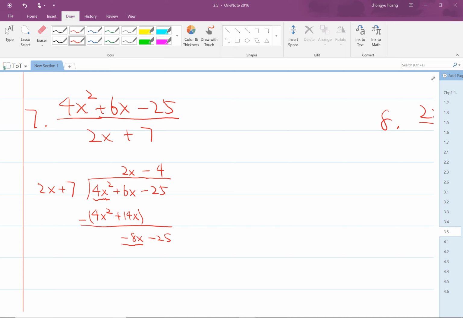So 2x multiplied by negative 4 becomes negative 8x, and then negative 4 multiplied by 7 is negative 28, right?